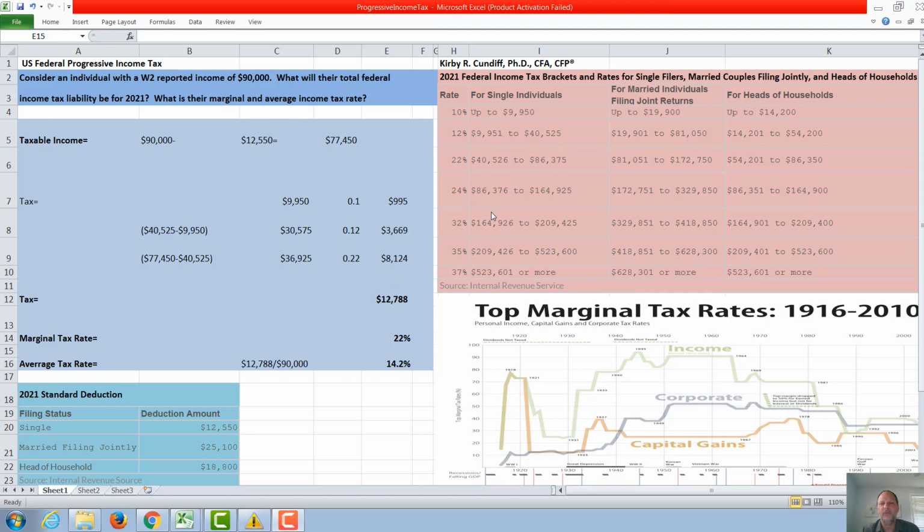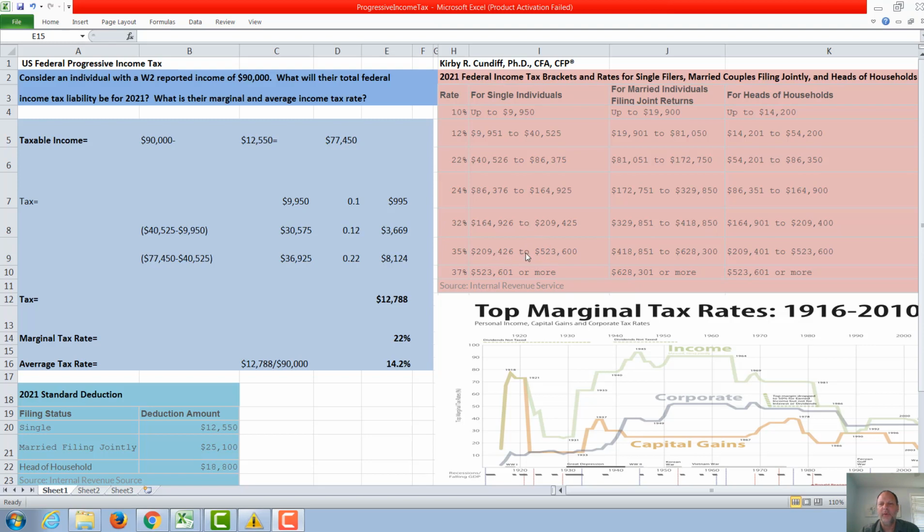For much of the tax brackets, the married filing jointly top dollar amount in the bracket is just twice the single amount. 9,950 times 2 is 19,900. And this is the case up into the 32% bracket, where 2 times 209,425 is 418,850. But in brackets above this, there exists what's called the marriage tax penalty.